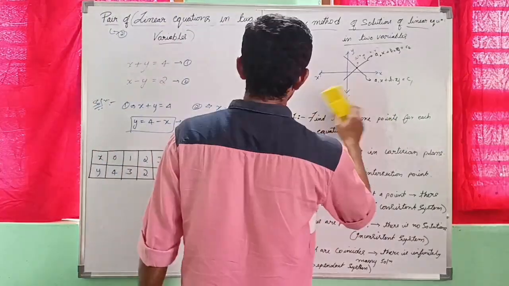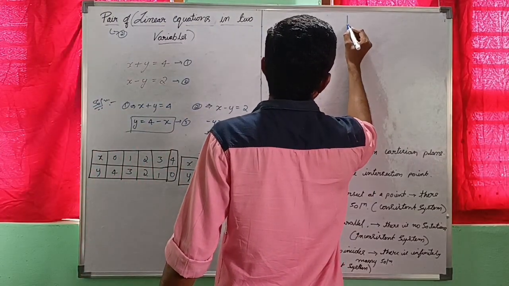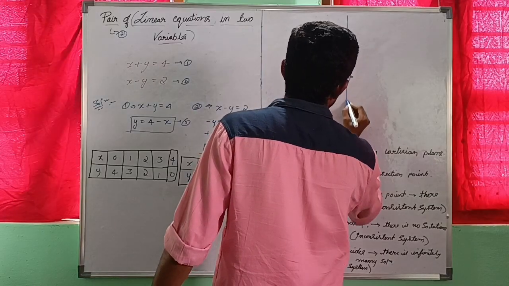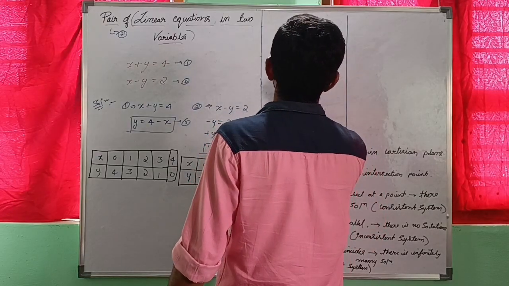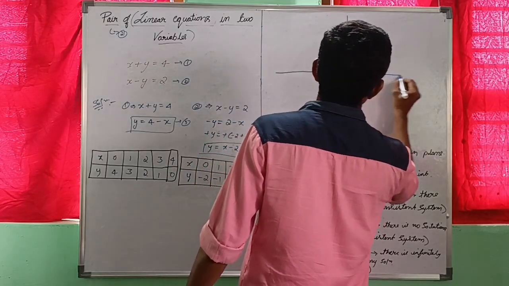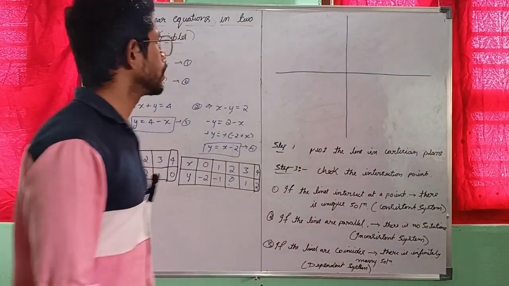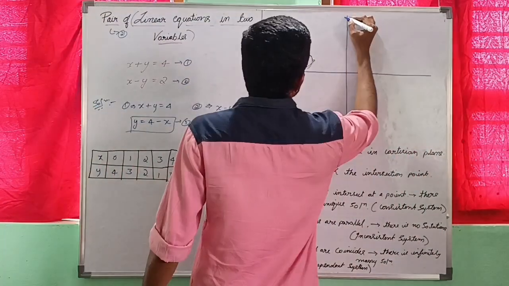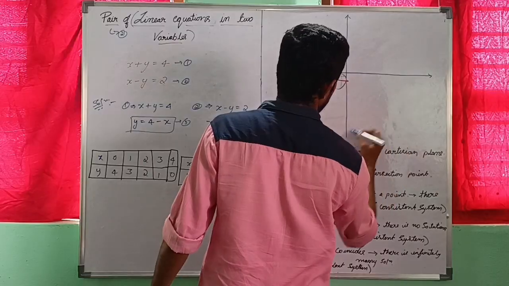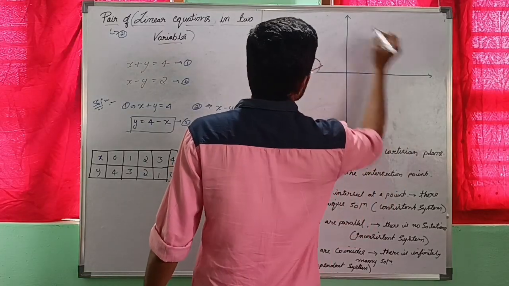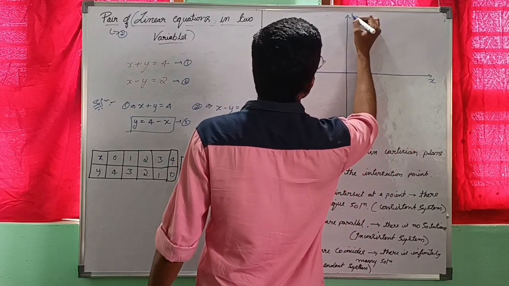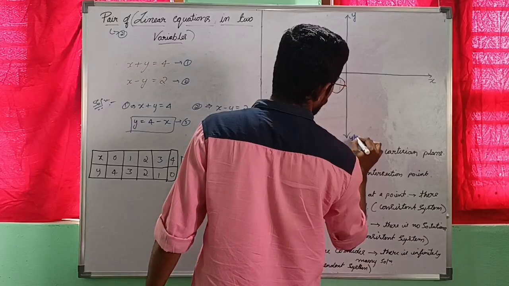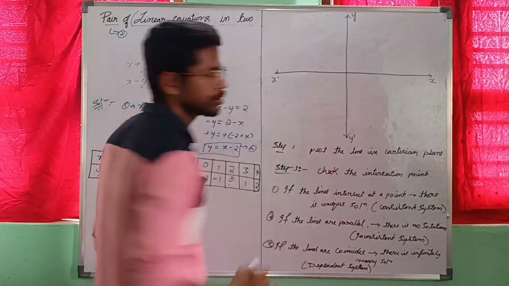This is a Cartesian plane: X axis, Y axis, Y dash, and X dash.